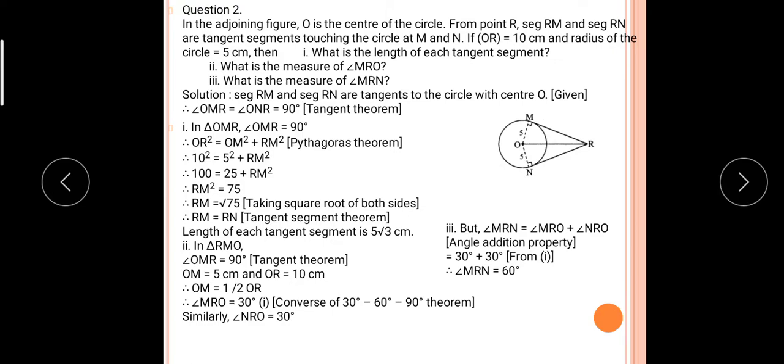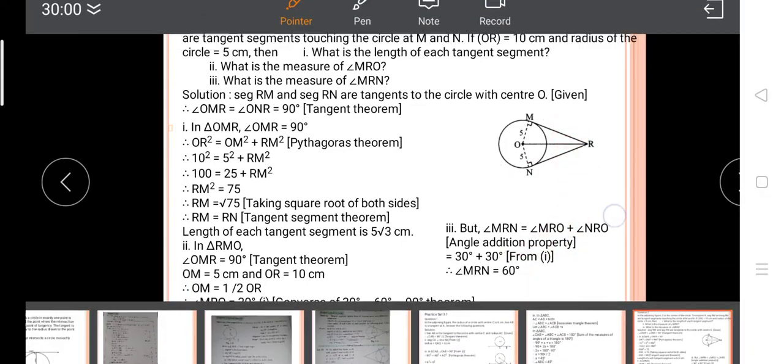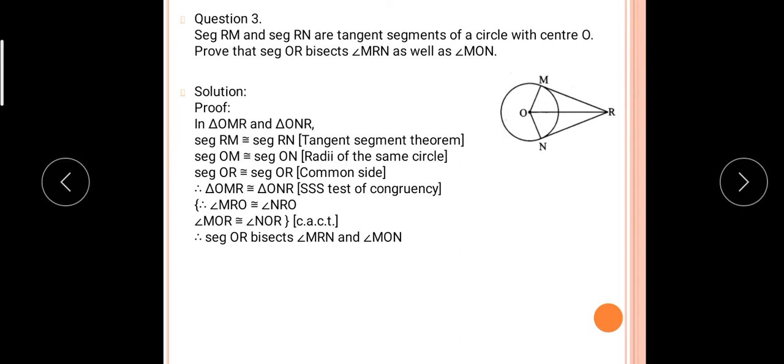And therefore angle ORM is equal to 30 degrees. In a similar way, angle ORN is also 30 degrees. But MRN is equal to MRO plus ORN. Therefore, 30 plus 30 is equal to 60 degrees. So in this way, we can easily calculate.